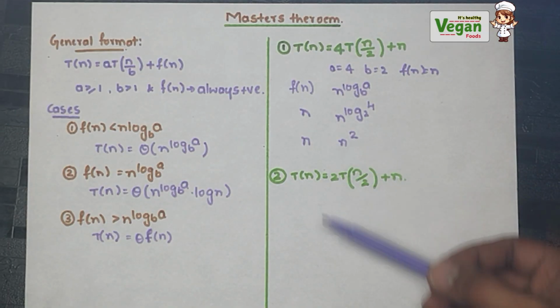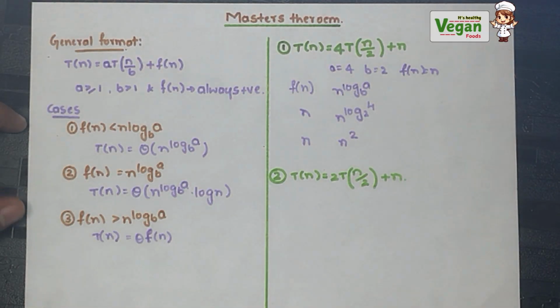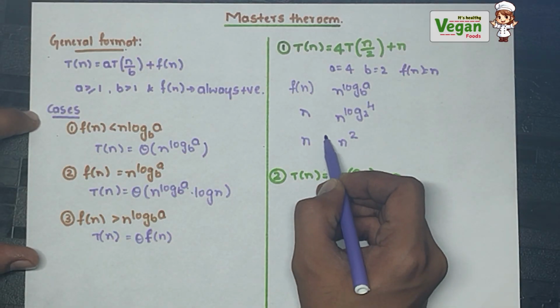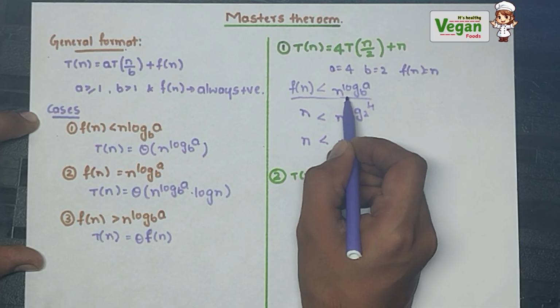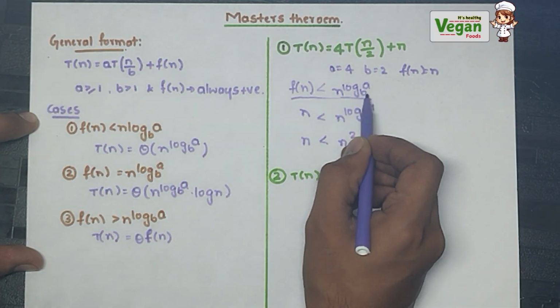So among n and n square, which is greater? n square is greater than n. Therefore f of n is less than n power log a base b.